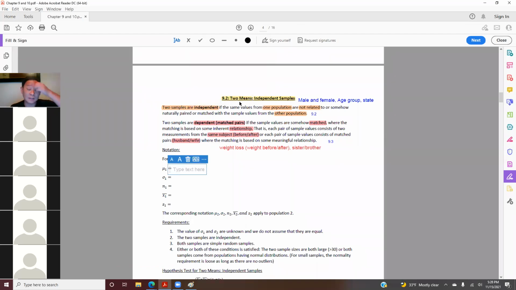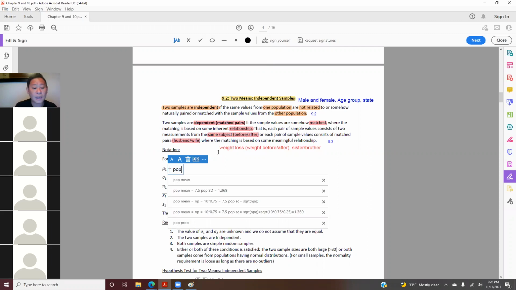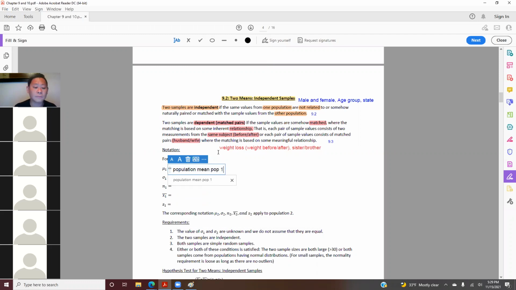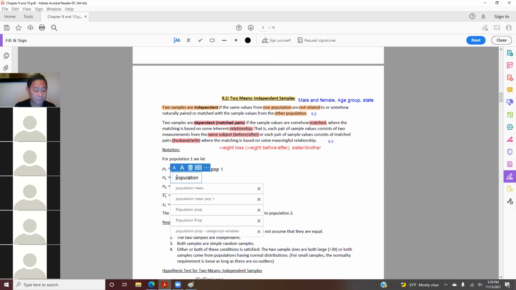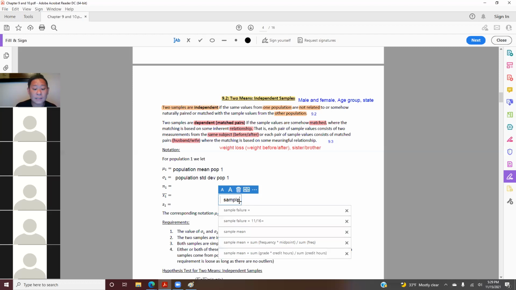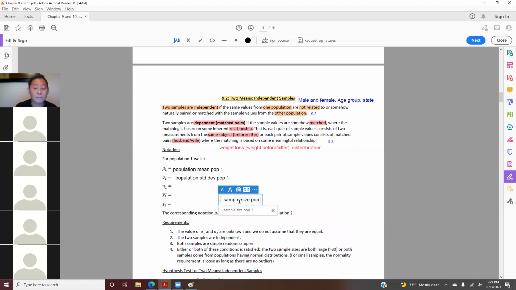Okay, so we have some notation here for this. Again, 9.2 is all about this. Mu1 in this case is the population mean, so this is the population mean for the first population. Sigma1 in this case is the population standard deviation for population 1. So again, class, anything you see with a 1 there means it's for the first population. This is the sample size, and n1 is the sample size for population 1.